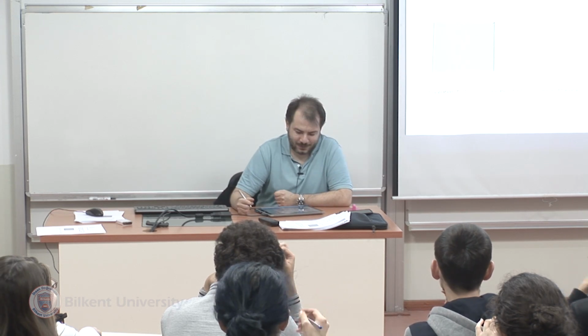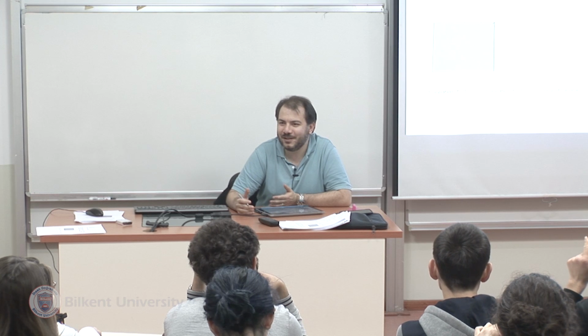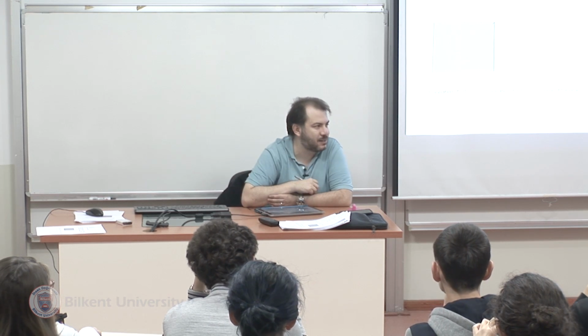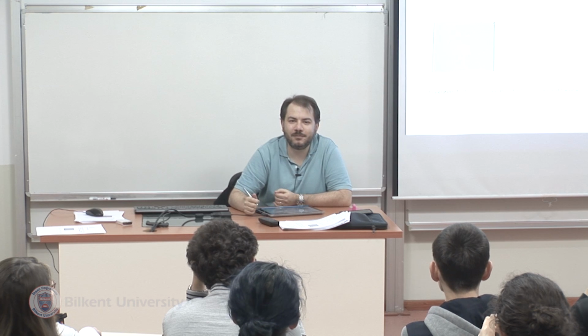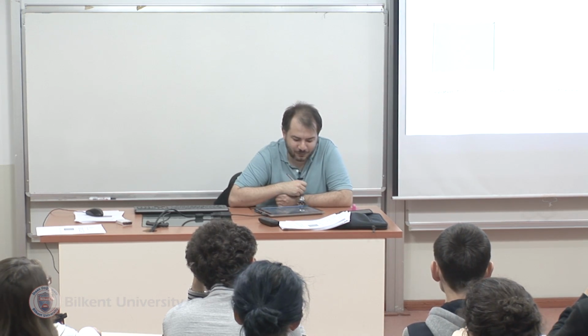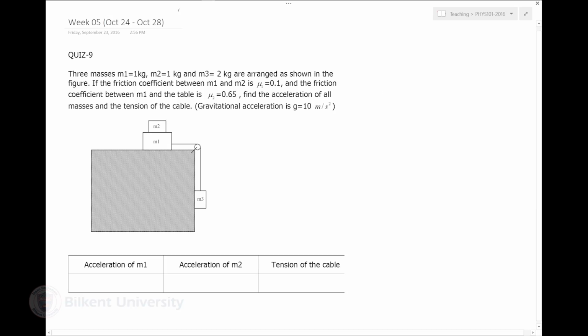Now, how do we solve mechanics problems? We start by investigating each movable object, each mass separately, and plotting the free body diagrams. And here, I have three masses. Let me start with the simplest one, M3.